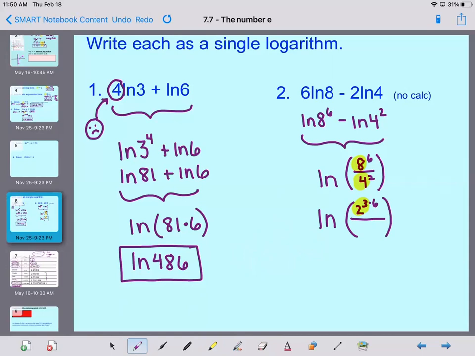Do the same thing in the denominator. I'm going to change 4 to 2 squared. 2 squared is still 4. I'm allowed to do that. And then I'll bring down that 2 from the 4 squared. Clean this up.